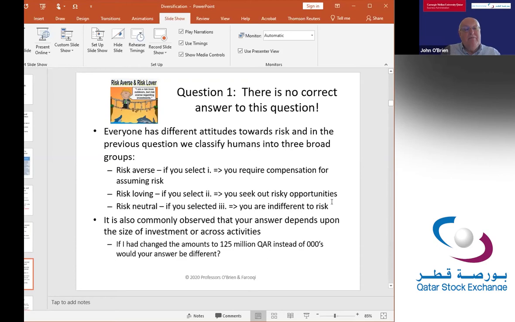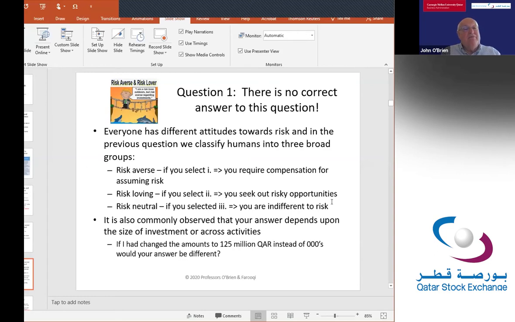By your answer on that previous question, given that I am interested in experimental finance, we can classify humans into 3 broad types. Risk averse, if you select one. A risk-averse individual requires compensation for assuming risk. Risk-loving, if you select 2, and risk-neutral, if you select 3.